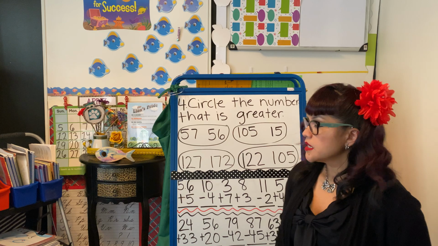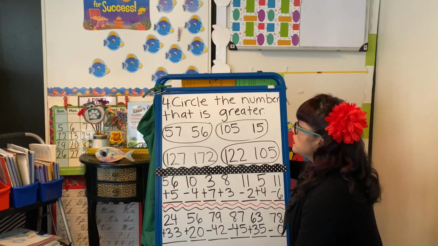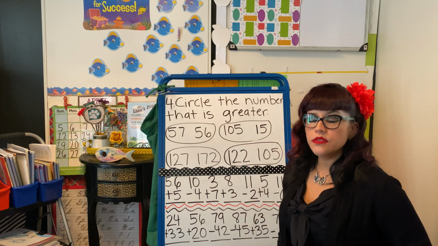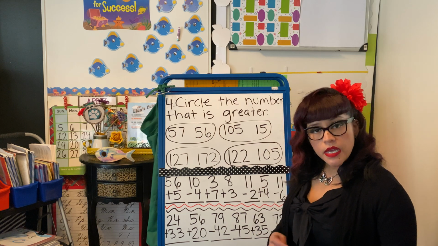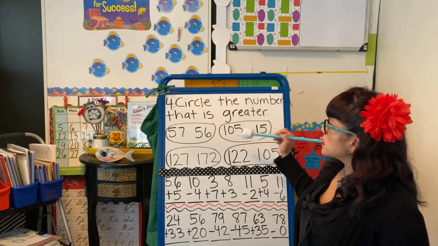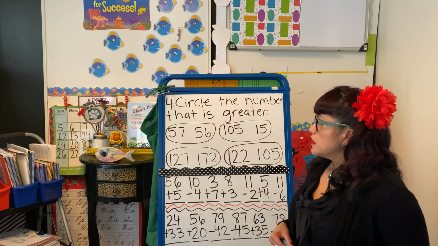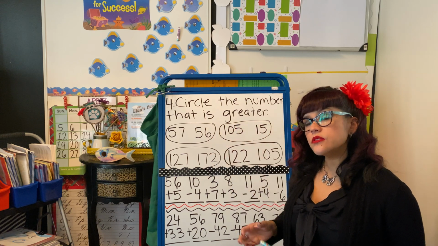All right. Now we have another set of numbers, class. We have 105 and 15. All right. 105 and 15. So go ahead and circle whichever one of the 2 is the greatest one. Okay. So for number 4, you need to provide me with 4 answers.